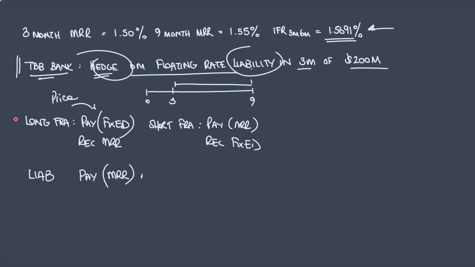It therefore wants to go long on an FRA because now it will be paying MRR on its liability, receiving MRR from the FRA, netting out to pay fixed. It has switched a floating rate liability to a fixed. It is hedged. So they would go long on an FRA.